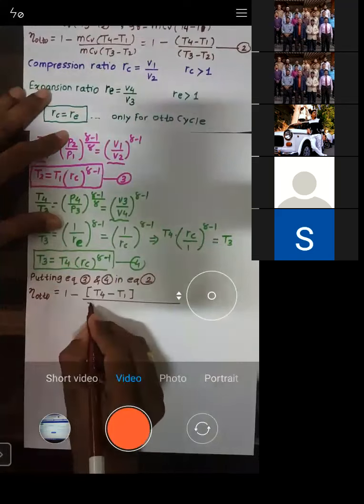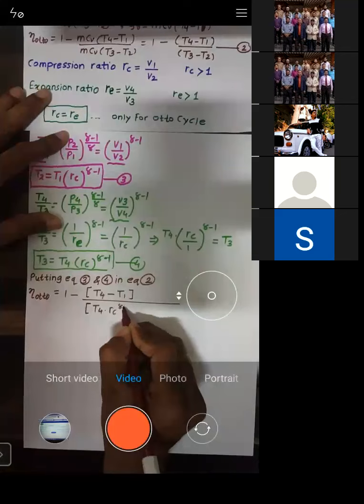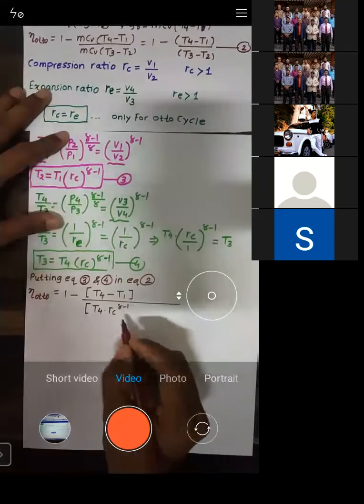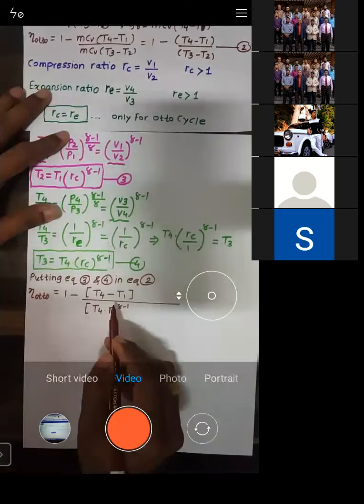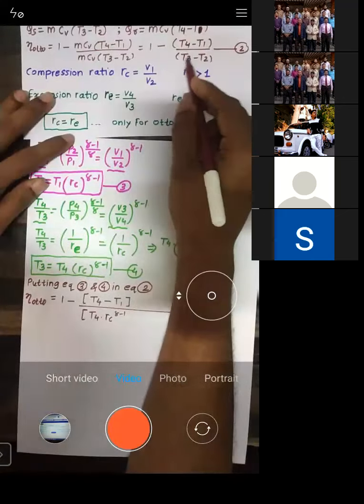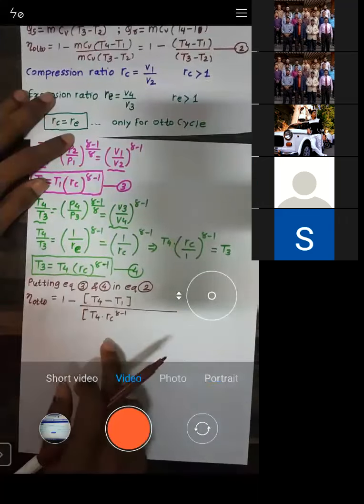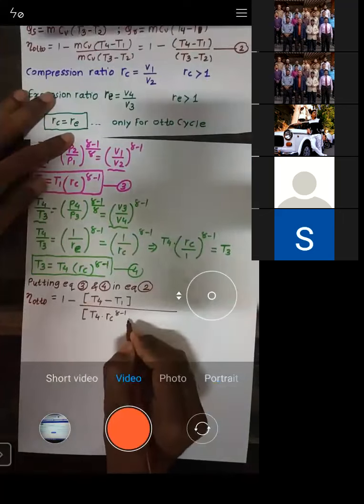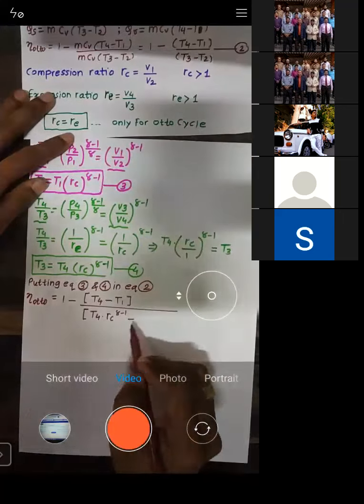So T3 is T4 into RC raised to power gamma minus 1. That is what is written. Minus, see this minus I have written, minus what?